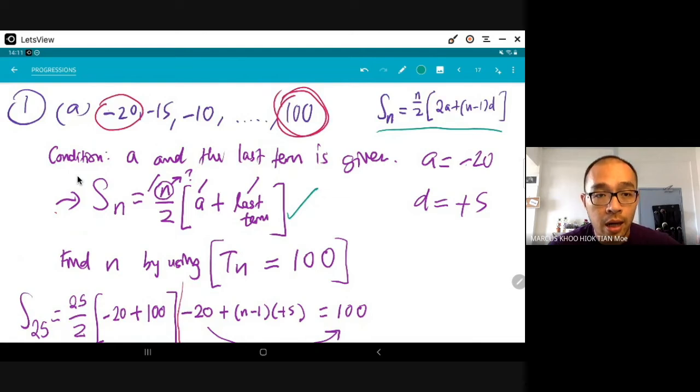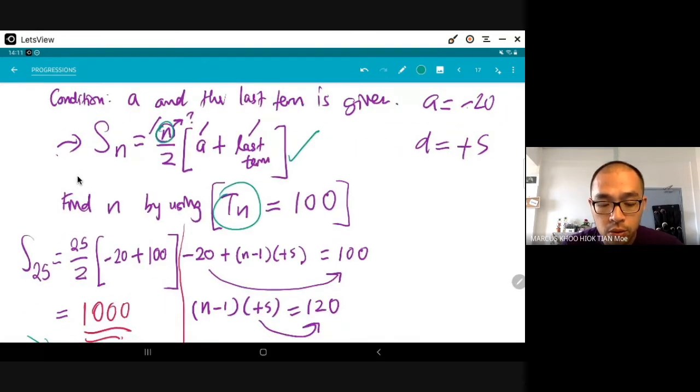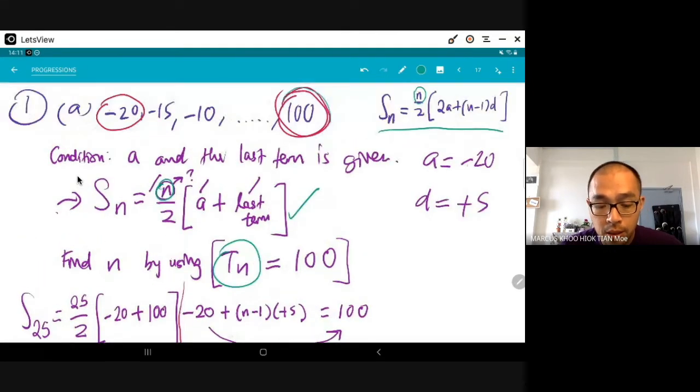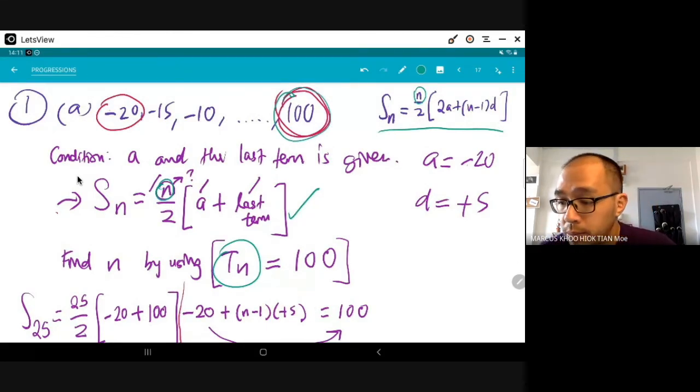Cuma, the situation is the same tau. Mana-mana satu situasi, you still have to find the value of n. Dan cara kita mencari the value of n is by using Tn equals to the last term. Find the n, and then kamu boleh buat sudah.